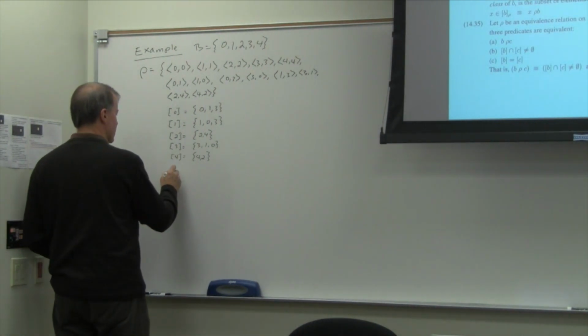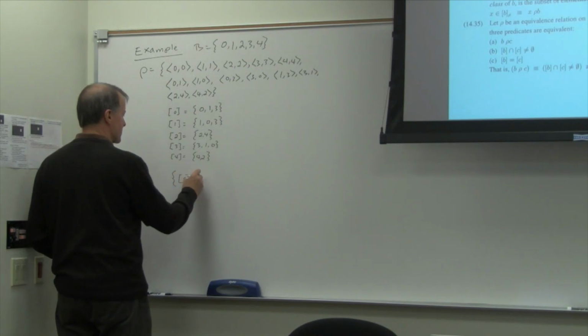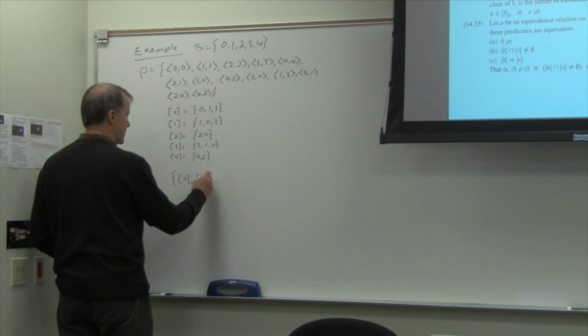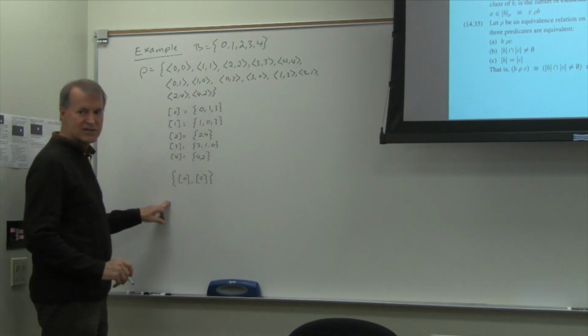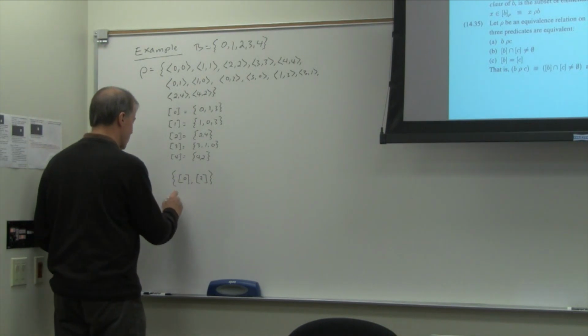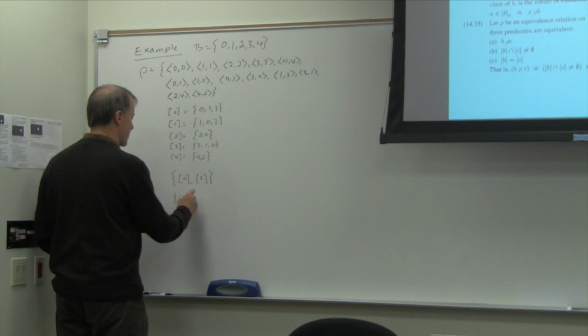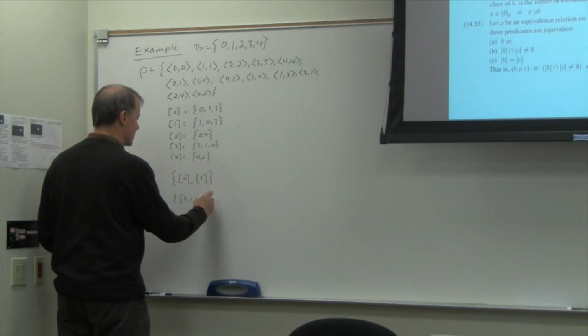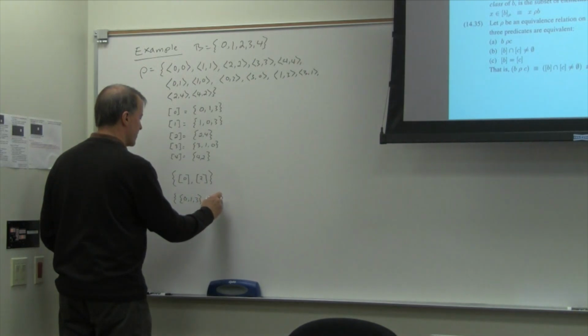So the partition is equivalence class 0 and equivalence class 2. So a partition is a set of sets. If we were to write this all out, this would be the set of the sets {0, 1, 3}, comma, and then the set {2, 4}.